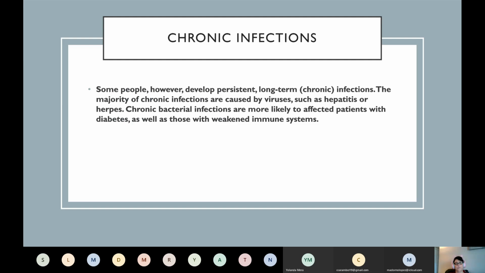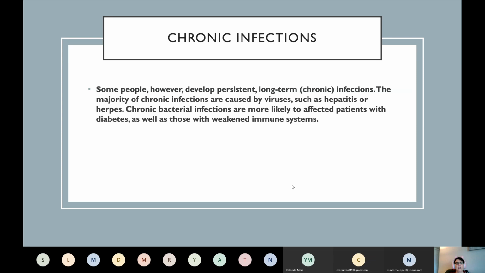Now, a chronic infection, and if that definition just didn't pop up into your brain automatically, then write this down, because chronic means something that usually comes on slowly, develops, continues to develop, and stays with you, usually for a lifetime, or comes and goes, comes and goes, comes and goes.